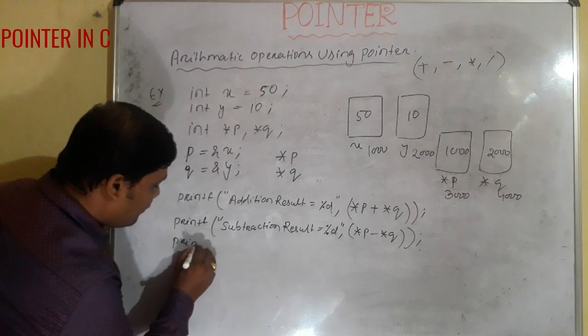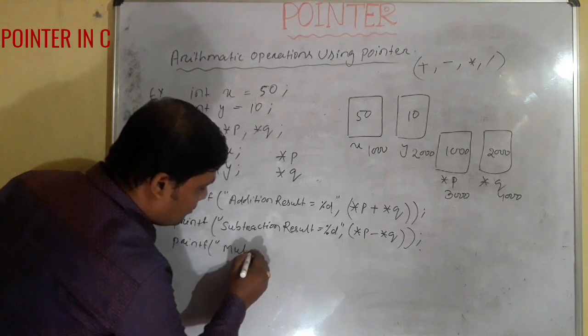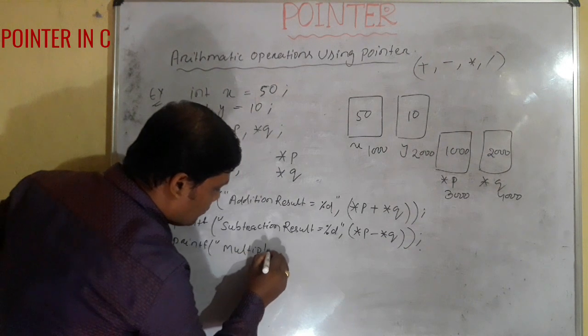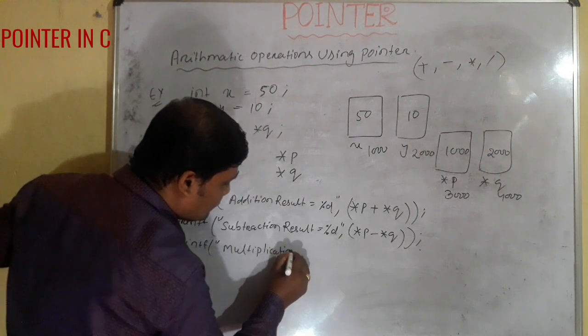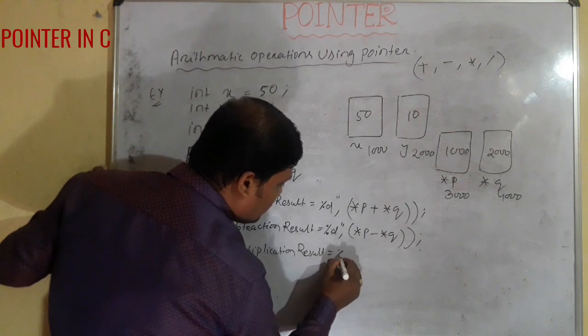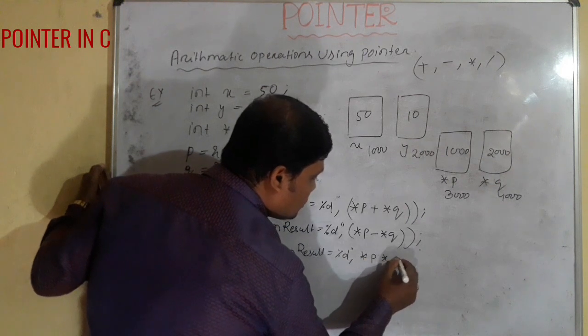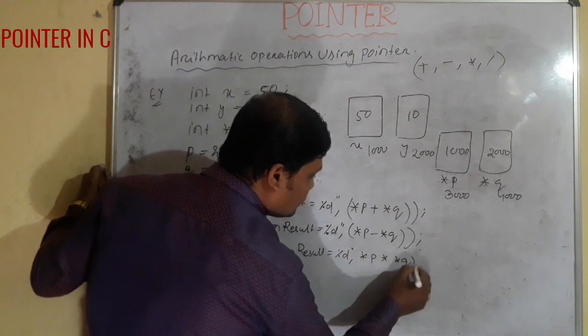Same, printf multiplication result equal to percent d, then star p into star q.